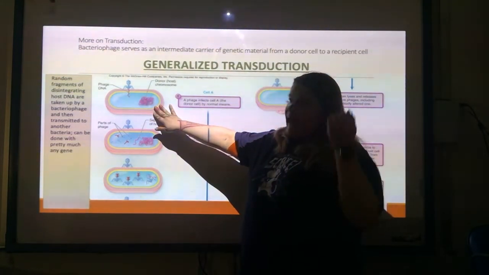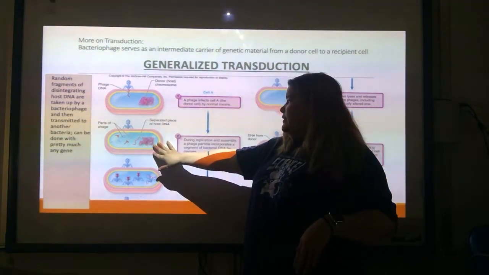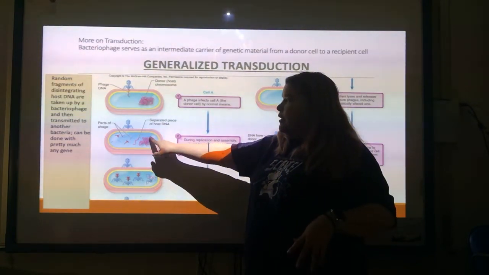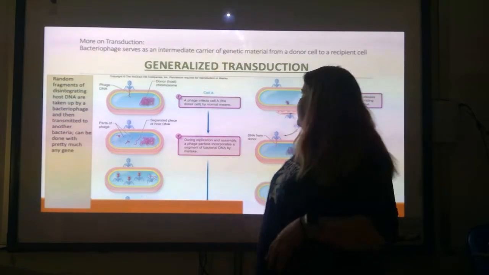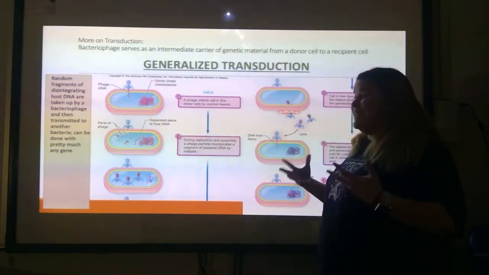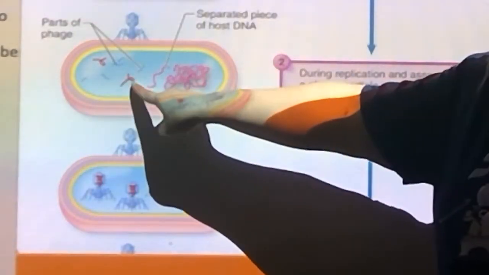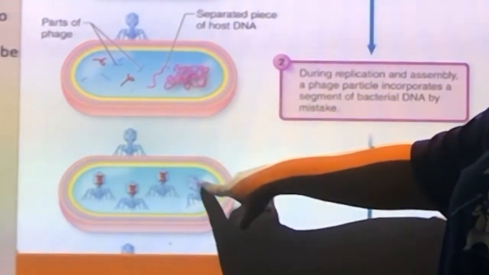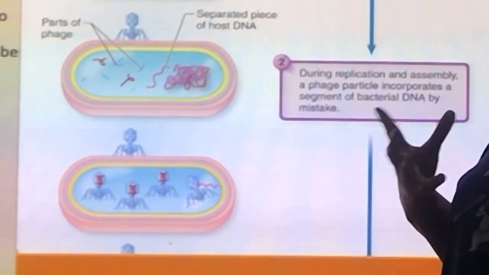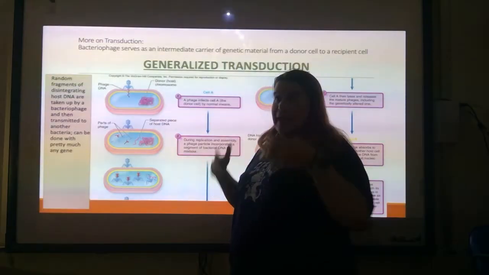Phage infects as normal. And during replication, these chunks of DNA are also floating around. When the phage gets put together, instead of grabbing a piece of the viral DNA, it actually grabs a piece of the host DNA and inputs it into the phage, the capsid.